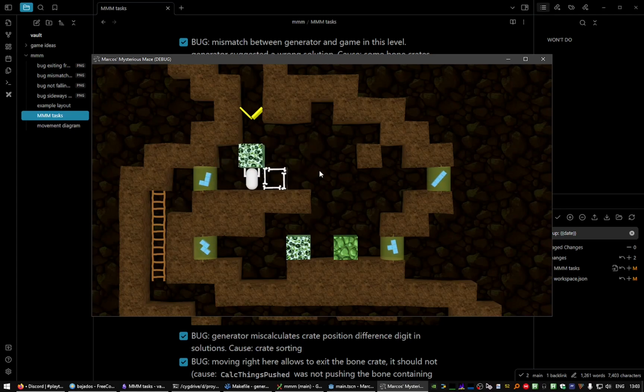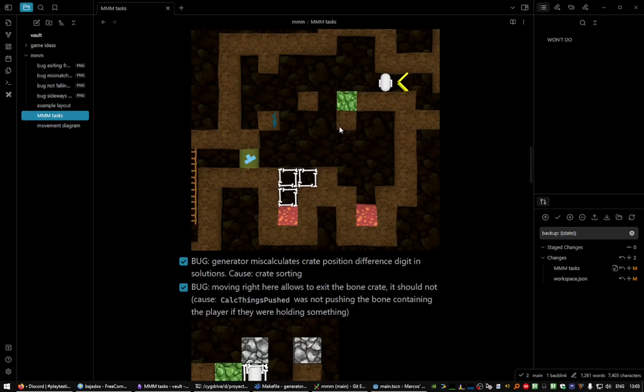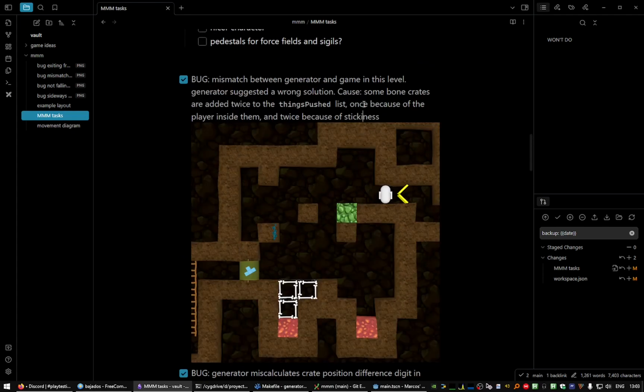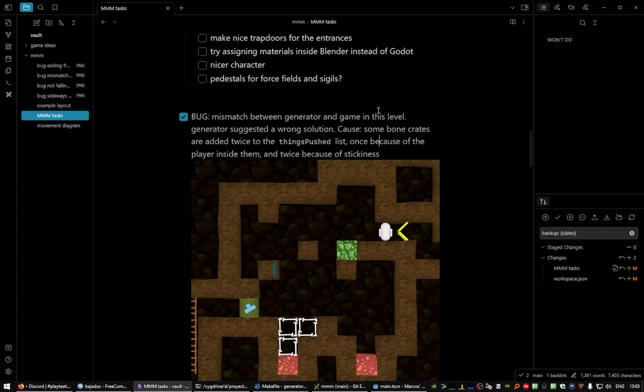Imagine that this radiation box is instead a glue box. In the situation of the glue box, I was holding the glue box, so the glue box was pushing the skeletal crate, and I also was pushing the skeletal crate. So the skeletal crate moved twice instead of once with the player, and that was an interesting bug to solve. But the fixing was a bit boring, so I did not make a video about that.